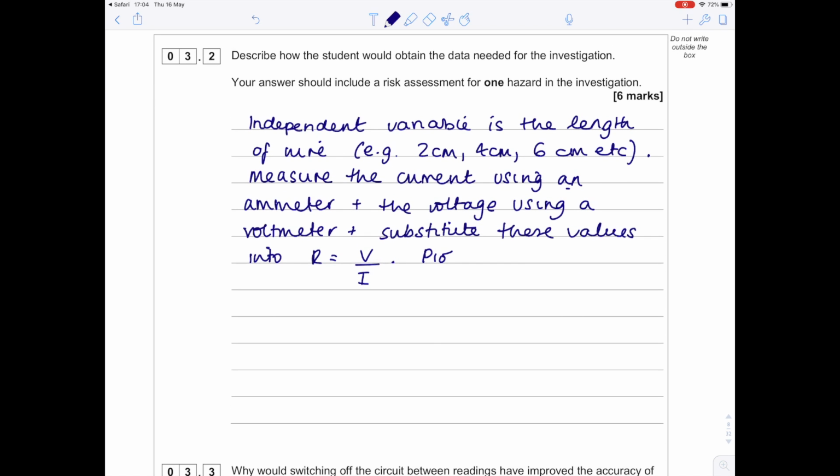Once you've done that, you can plot a graph. They love plotting graphs in physics, of resistance against length.